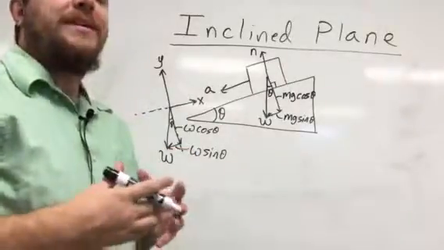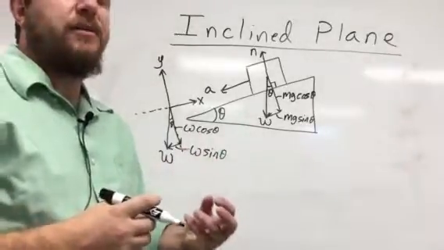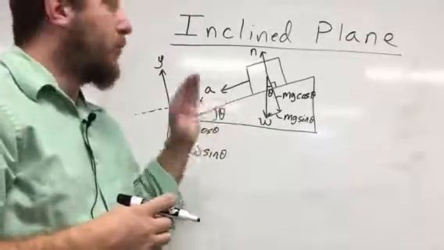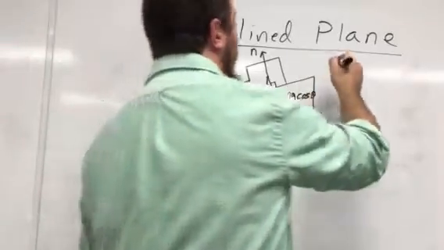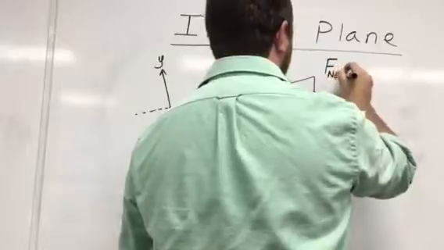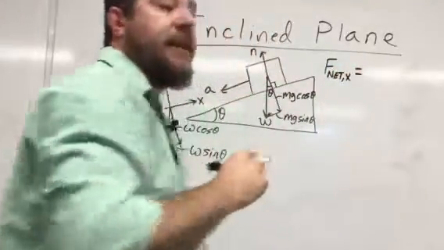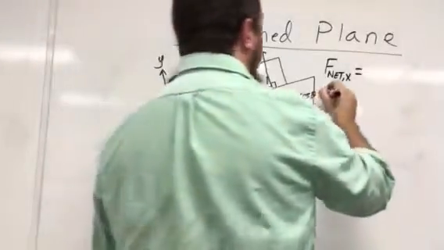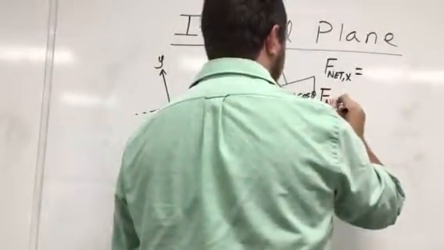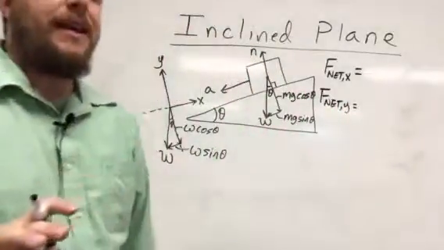Now, how do we set up F equals ma for this case? What we want to do is set up F equals ma in each direction, in the y direction and in the x direction. So I want to know what my F net is in the x direction, and I want to know what F net is in the y direction. Now, here's the key, okay?